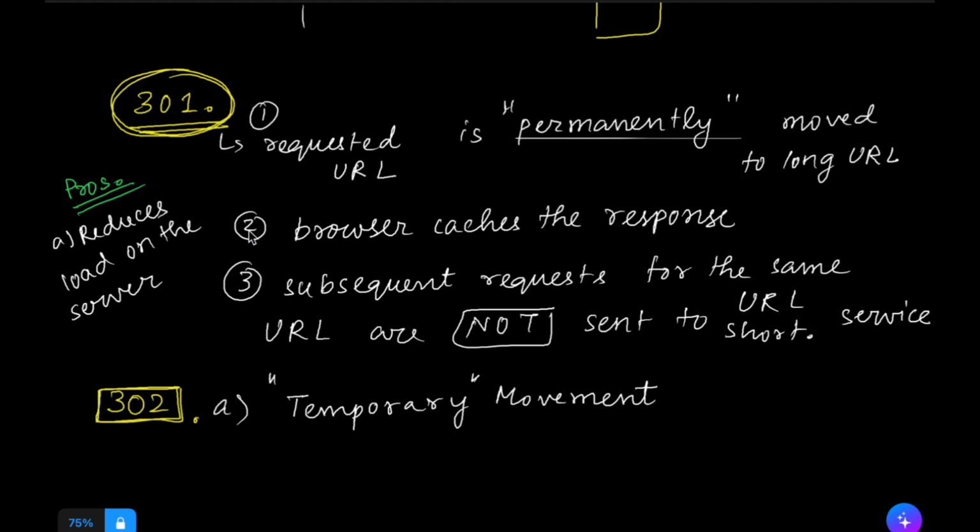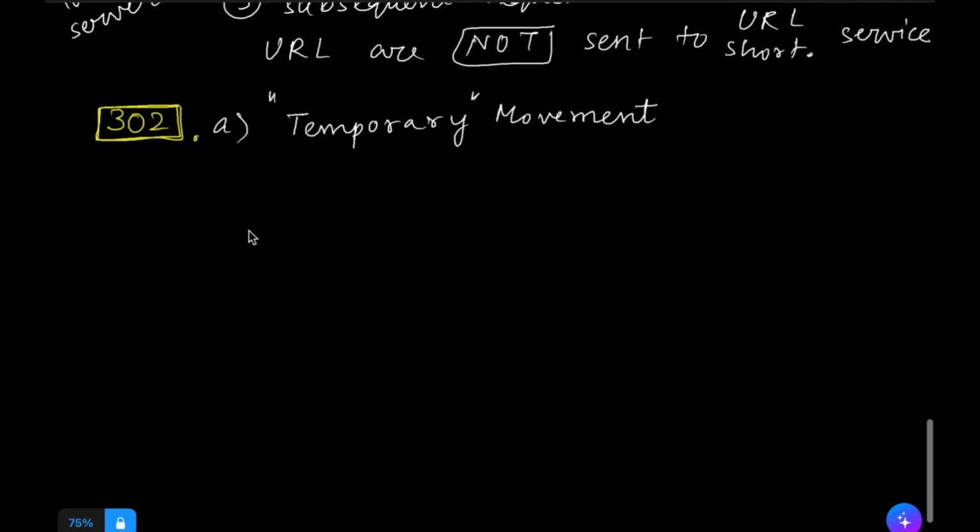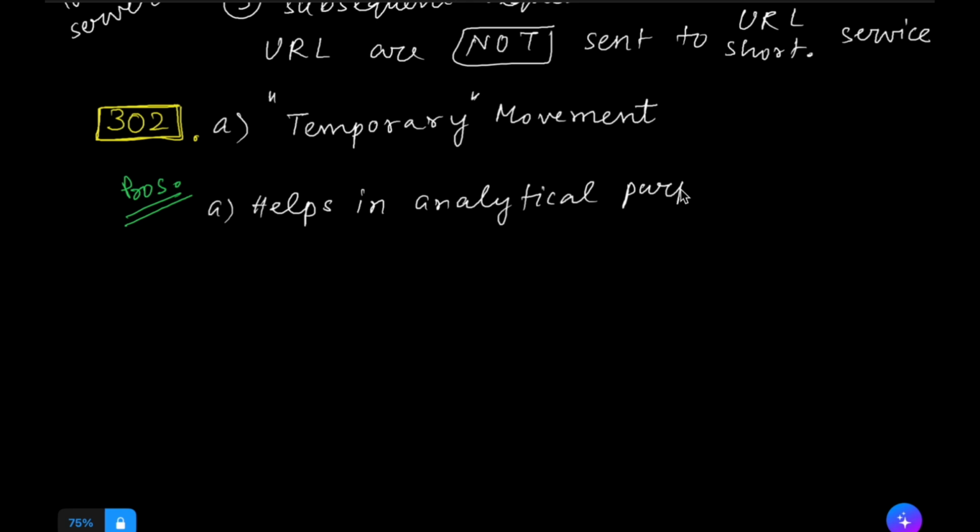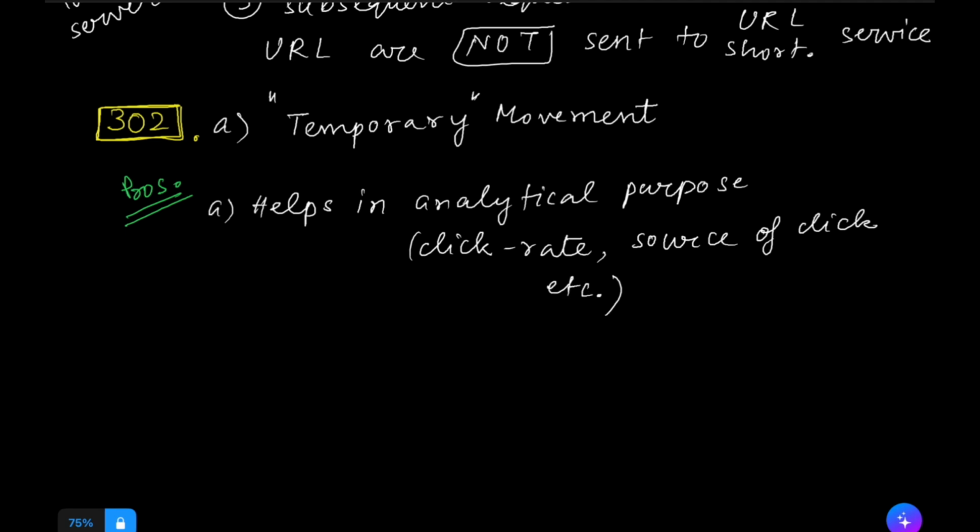Whereas the pro for 302 is that it helps with analytical purposes, like number of clicks made, click rate, source of the click, etc. All these are helpful for analytics for the person who has posted the link and made that short URL for his actual service.